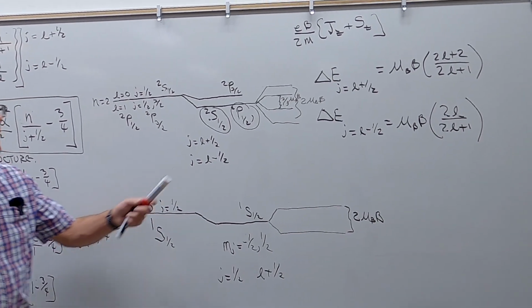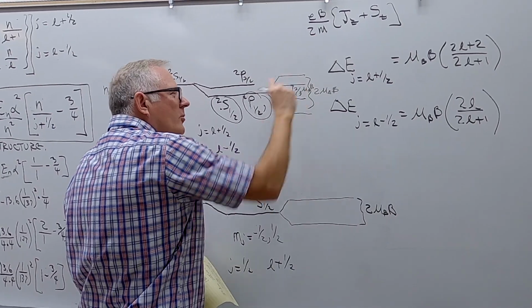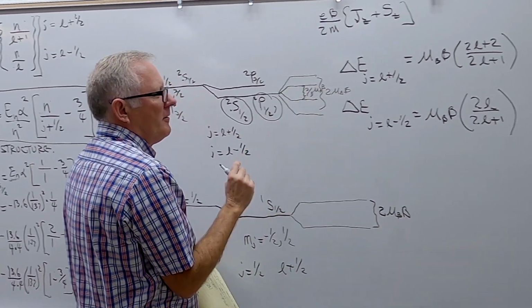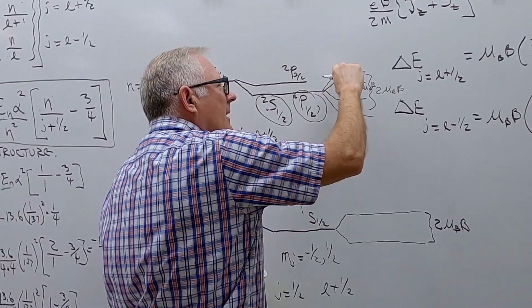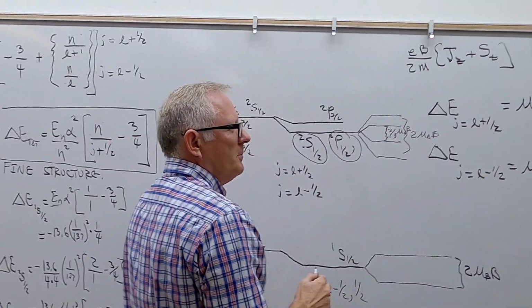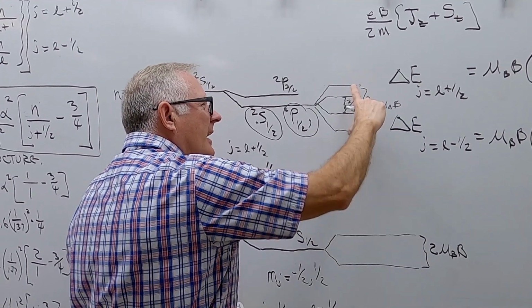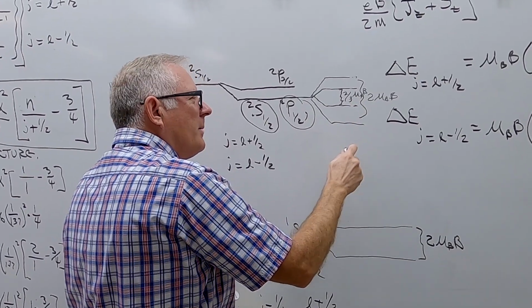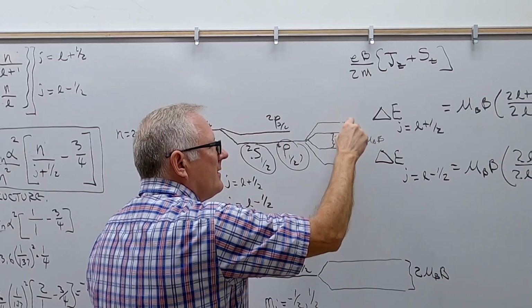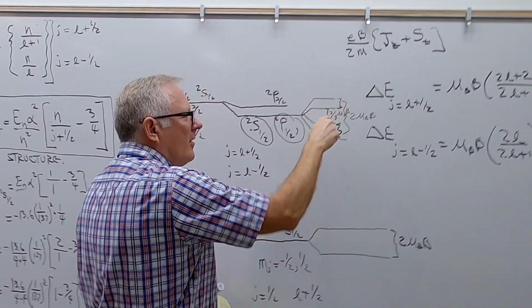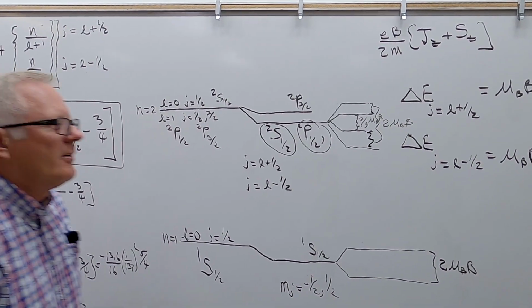Well, that means if this is 2/3 mu_B B, this is 1/3 mu_B B. And if that's 1/3 mu_B B, that means this is also 2/3 mu_B B. So it looks like these are four equally spaced lines, all equally spaced by 2/3 mu_B B. Now this one right here would be the anomalous.